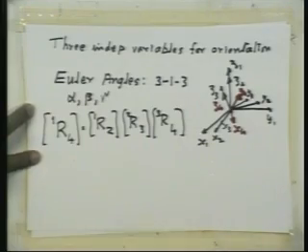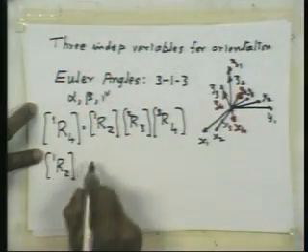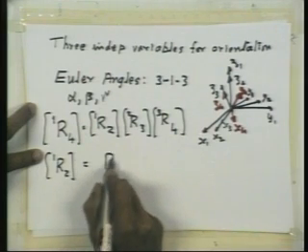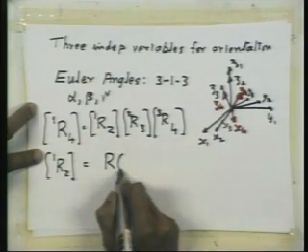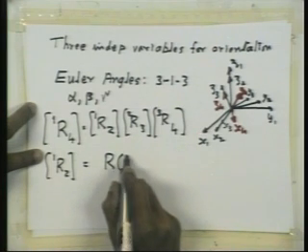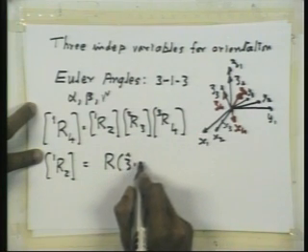Each of them by themselves are very simple matrices. R12, for example, R2 with respect to 1, can be this rotation matrix, which you will get by rotating about the z axis by the amount alpha.